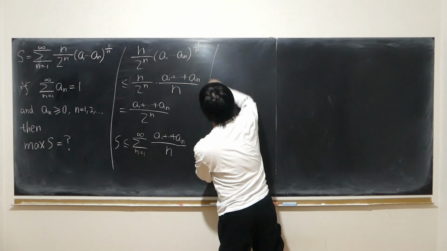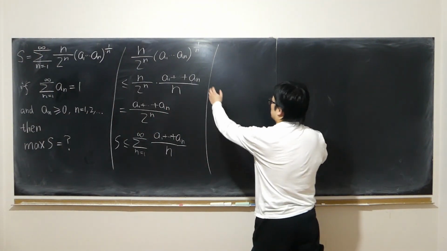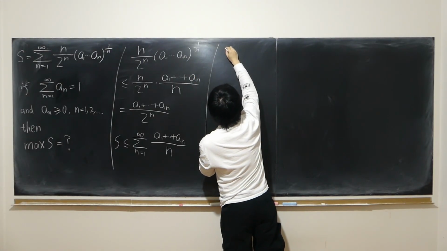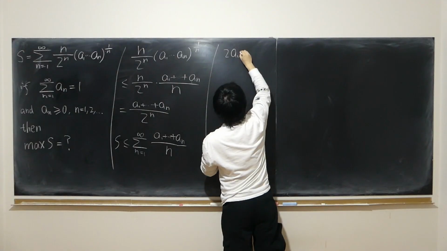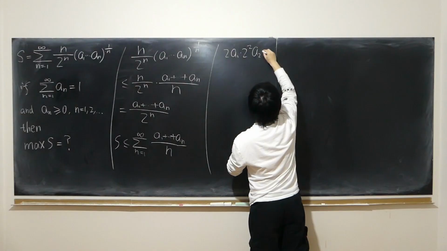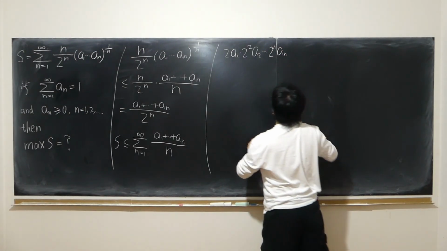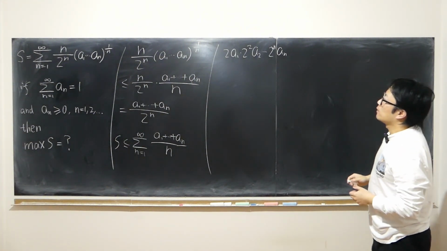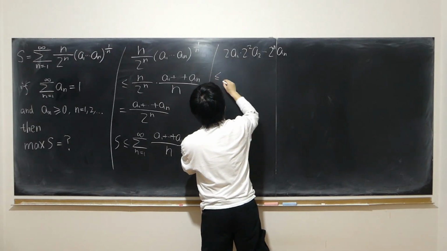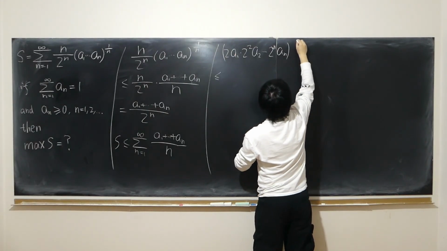So when we look at 2 to the power of n, maybe instead of a1 times a2 all the way to an, we can insert 2 times a1 times 2 to the power of 2 times a2 all the way up to 2 to the power of n times an, raised to the power of 1 over n.